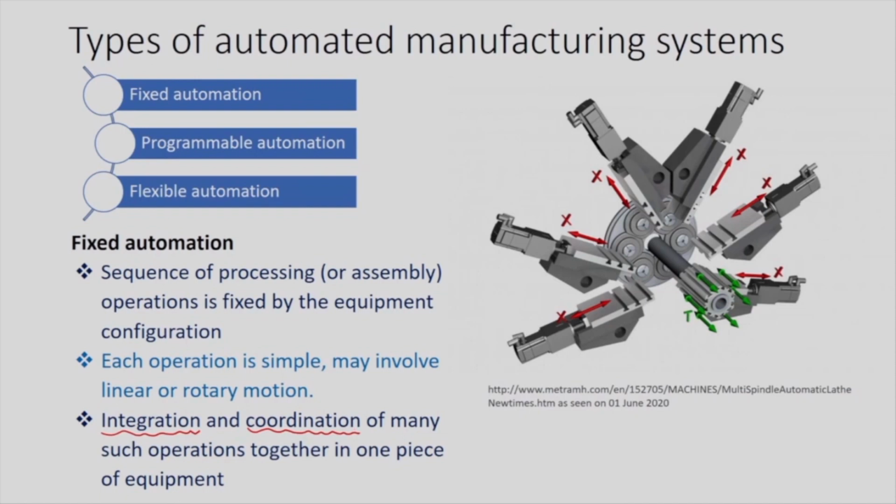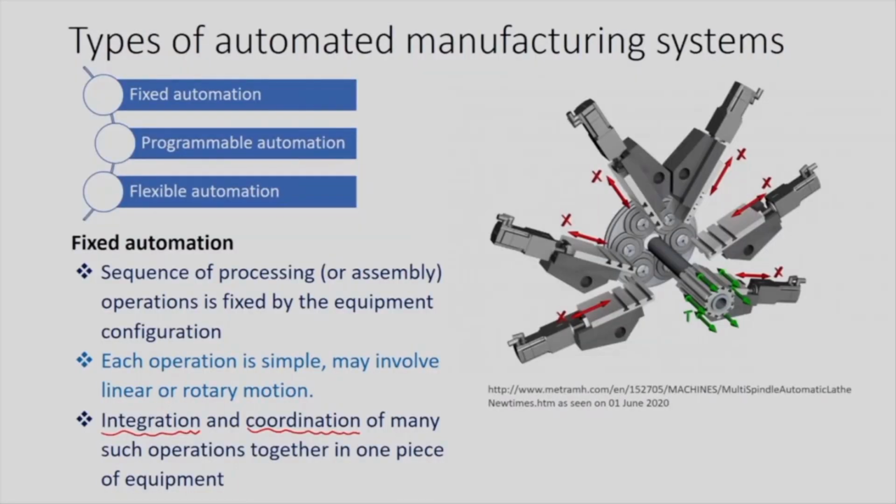On the right side you can see, if we want a specialized equipment, we may need multiple tools, and those multiple tools are to be mounted on special slides. Those slides are moving with respect to the workpiece. The equipment should have an automatic feeding mechanism, automatic loading mechanism.